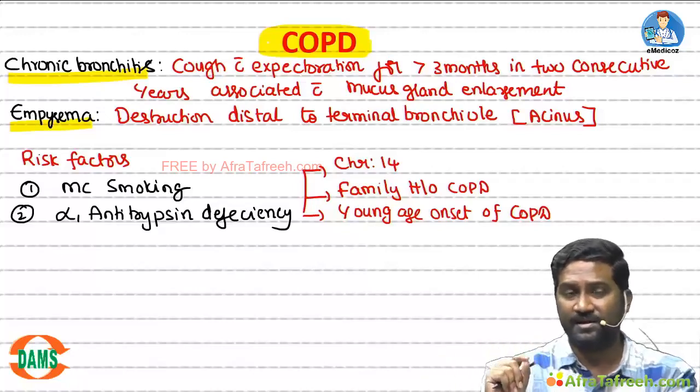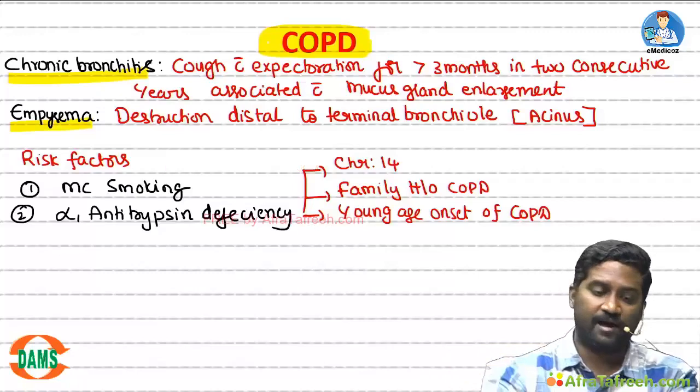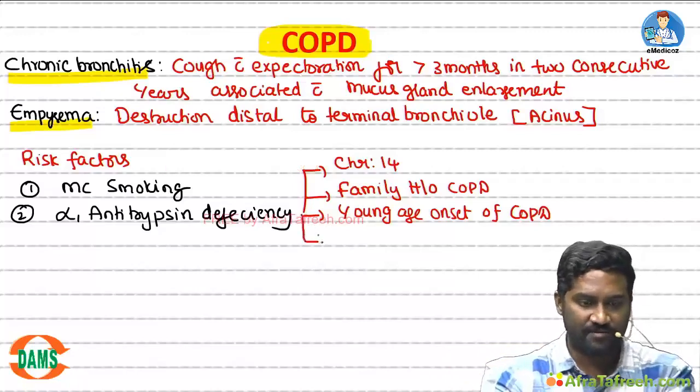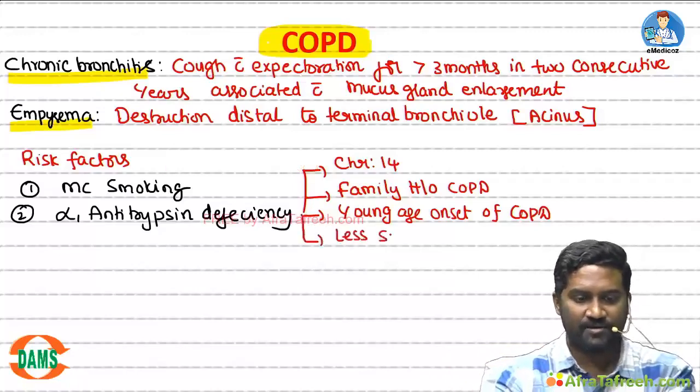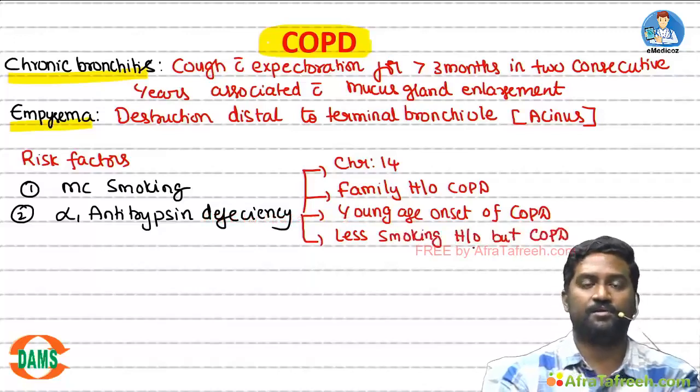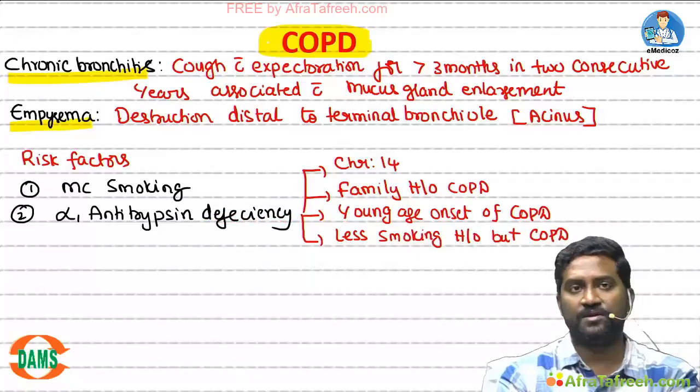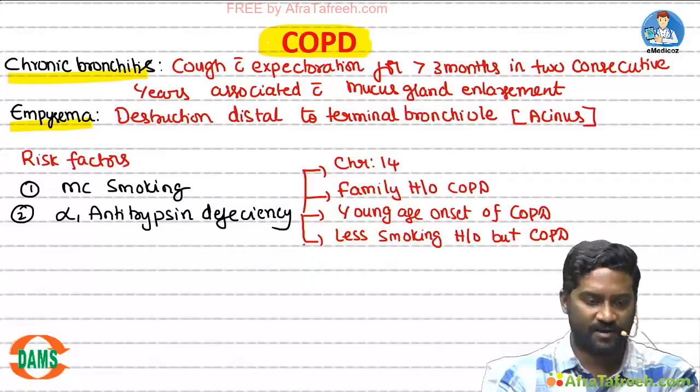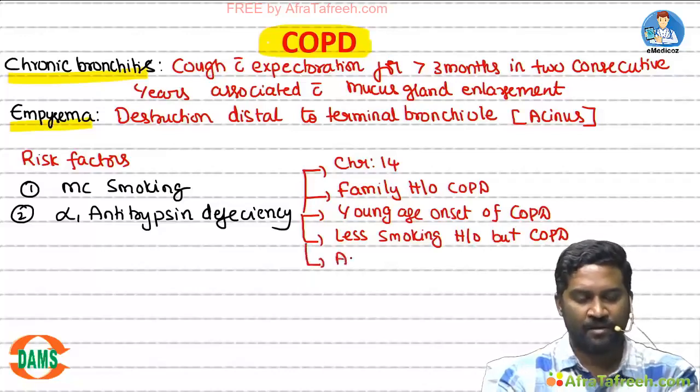What can be that? A genetic defect called alpha 1 antitrypsin deficiency. Less smoking history but COPD. Patient did not smoke or just started to smoke, but there was COPD. So, it is not due to smoking, it can be due to alpha 1 antitrypsin deficiency.